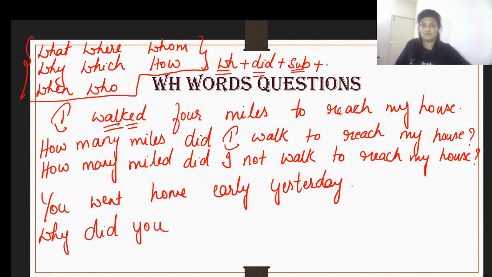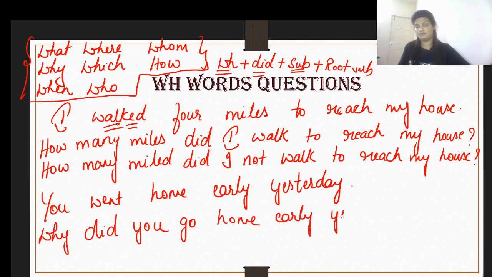And after that, we are going to bring in the root verb of the past tense verb that we have used. Went is the verb over here. The root verb of went is go. So why did you go home early yesterday? Question mark.